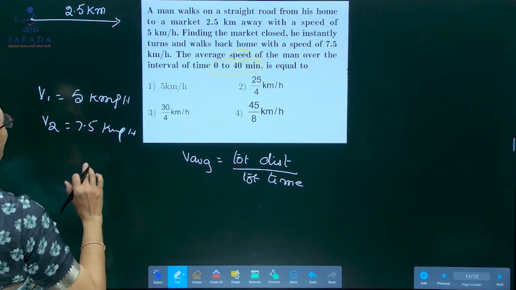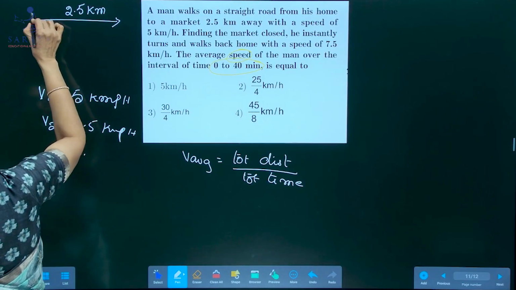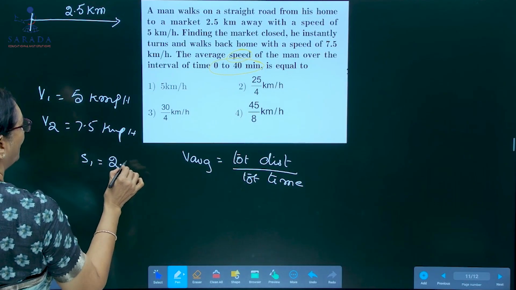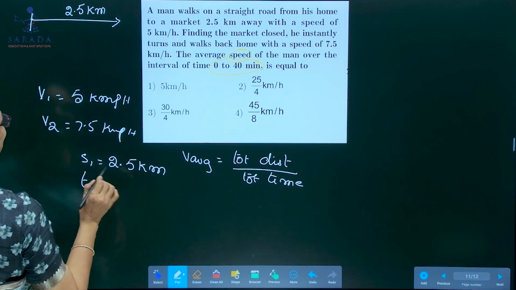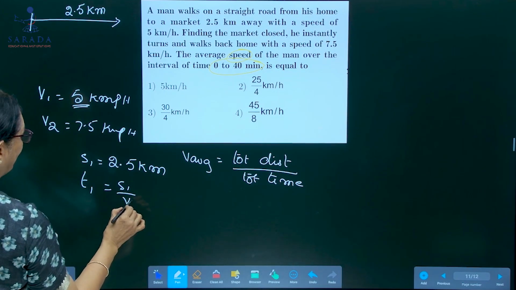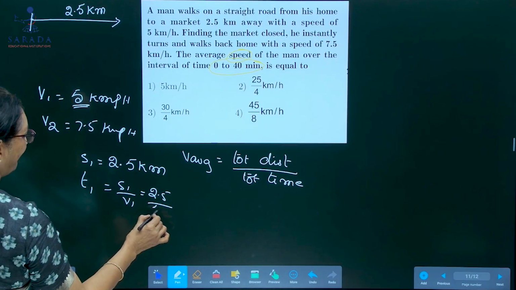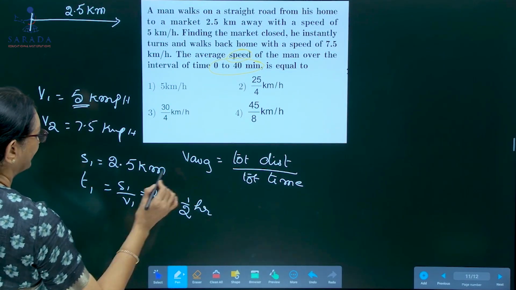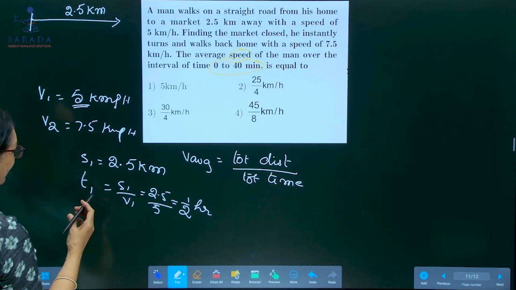So here the distance traveled from his home to the market, S1, is equal to 2.5 kilometers. Time taken for the travel is S1 by V1. S1 is 2.5 and V1 is 5. S1 by V1 is half an hour. So S1 is known, S2 is known, T1 is known.